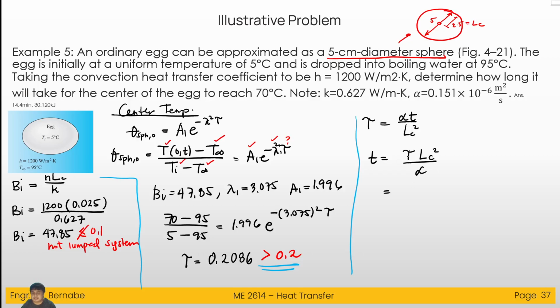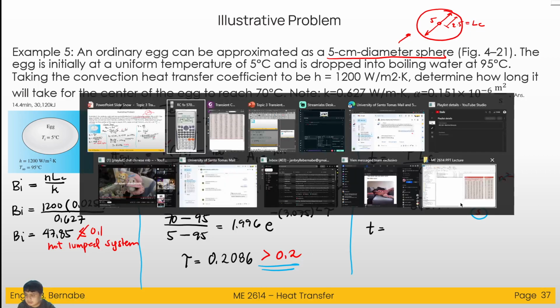The tau here is 0.2086, dimensionless, the characteristic length is 0.025 meters, and the thermal diffusivity is 0.151 times 10 to the negative 6 meters squared per second. I forgot to square this, sorry. So the units cancel and this should be in seconds.